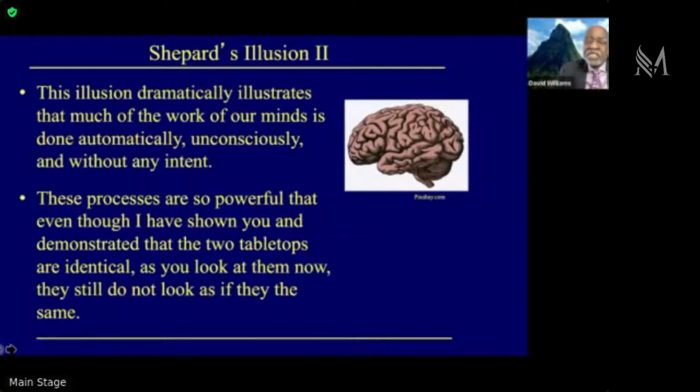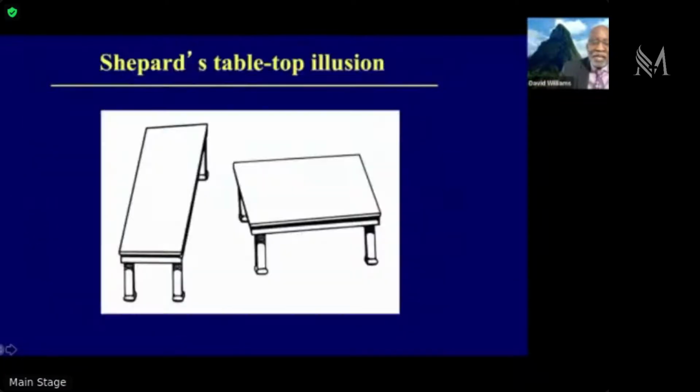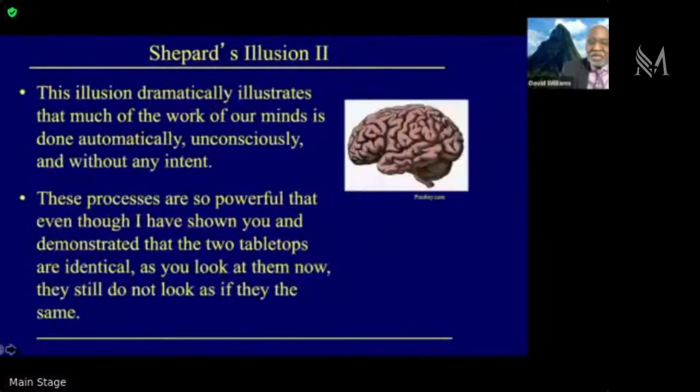These processes are so powerful that even though I have shown you and demonstrated that the two tabletops are identical, if I go back to them as you look at them now, they really still do not look as if they are the same.